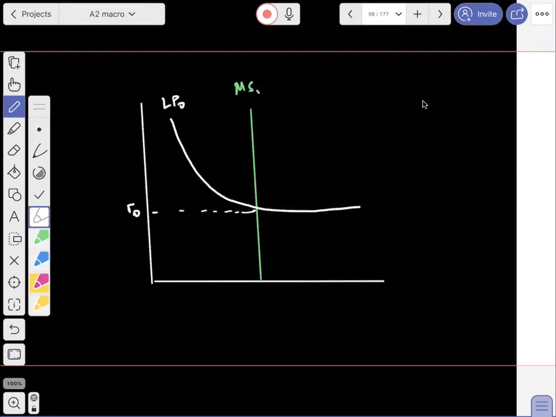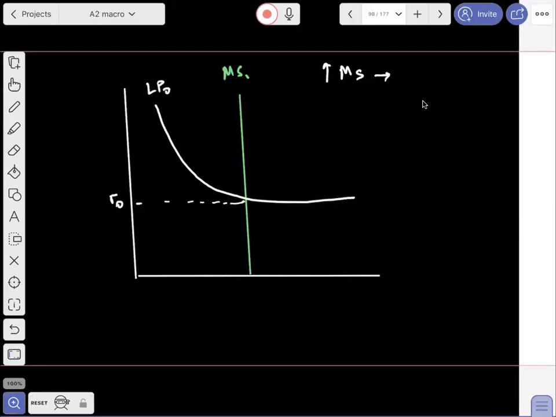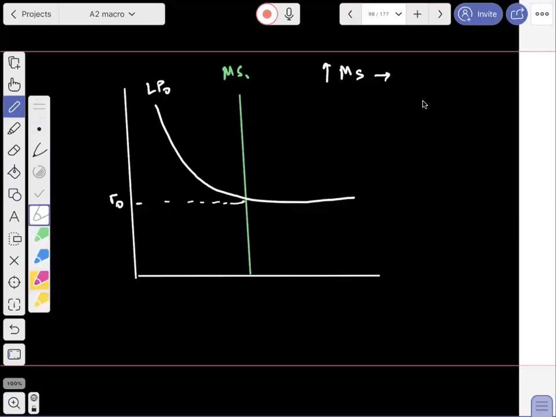Let's say government says let's increase money supply. Let's call this MS1, and let's draw MS naught as well.